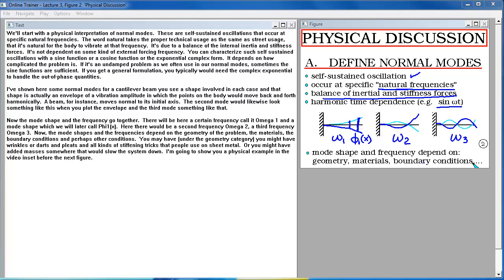You may have under the geometry category, you might have wrinkles or darts and pleats and all kinds of stiffening tricks that people use on sheet metal, or you might have added masses somewhere that would slow the system down. I'm going to show you a physical example in the video inset before the next figure.